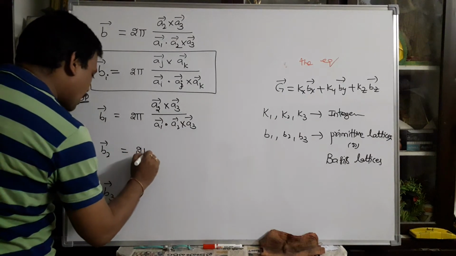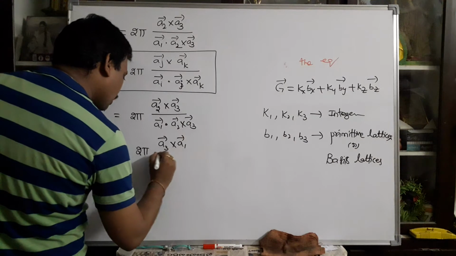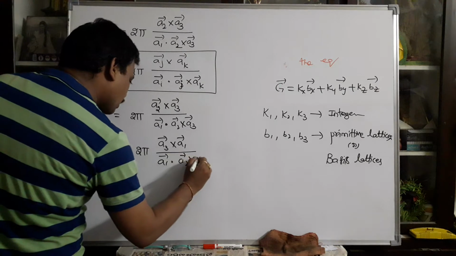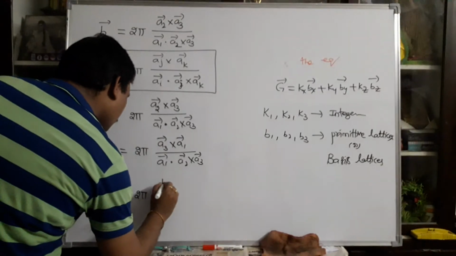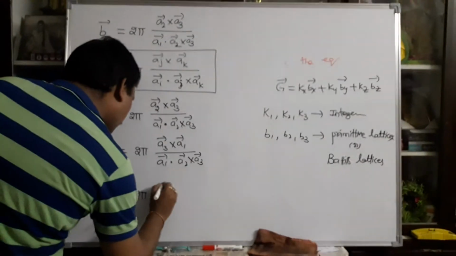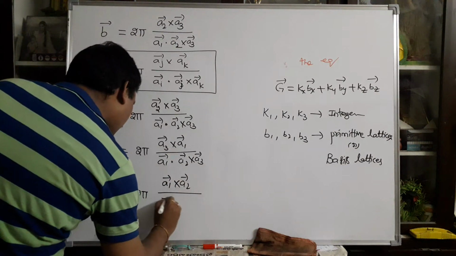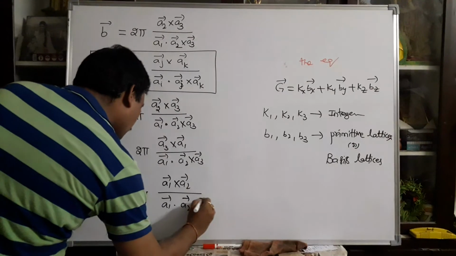b2 bar can be represented as 2 pi into a3 bar cross a1 bar divided by a1 bar dot a2 bar cross a3 bar. b3 bar is 2 pi into a1 bar cross a2 bar divided by a1 bar dot a2 bar cross a3 bar.